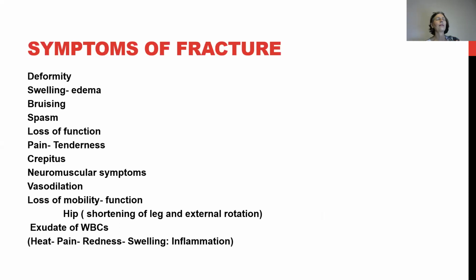Then again, loss of mobility, loss of function. I know you studied hip fracture last semester, and with a hip fracture, when the patient falls, the mechanism, if you think the ball of the femur at the top, it's a ball and socket joint. So you've got your hip socket and you've got your femoral ball up in there in the top of the femur.